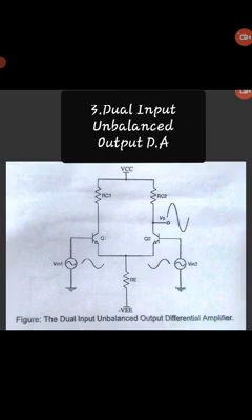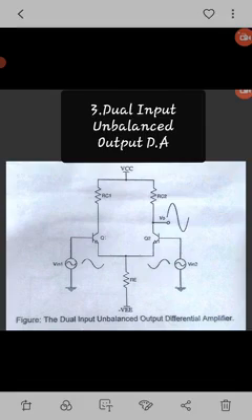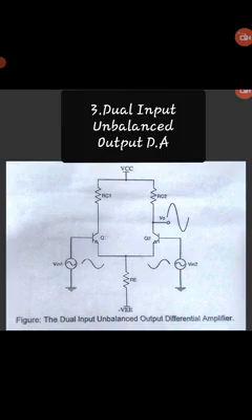This is the widely used differential amplifier configuration, as it drives a single-ended load, where one transistor is an emitter follower and the other is a common emitter amplifier.